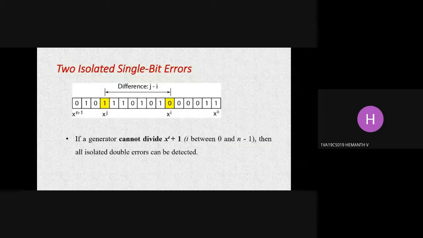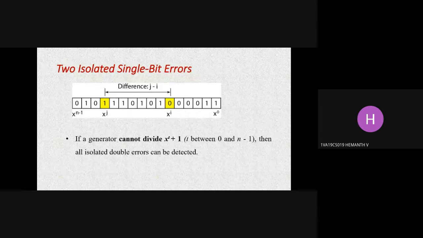Divisor that is shared between sender and the receiver. Okay, please remember, whatever generator we consider, if it cannot divide x power of t plus 1, where t can take the value from 0 to n minus 1, then all isolated double errors can be detected.